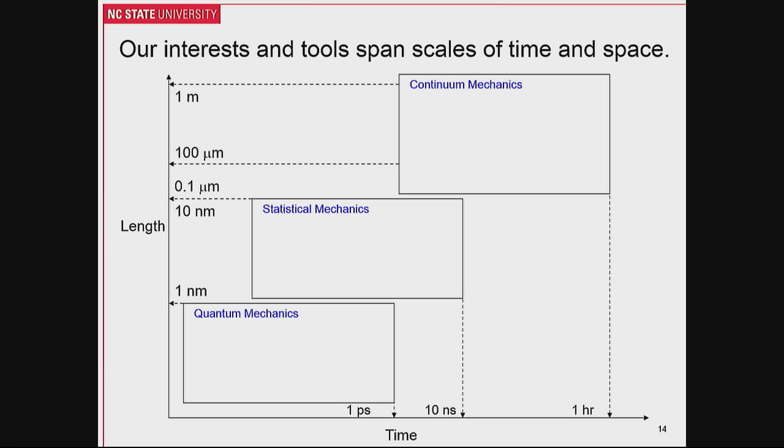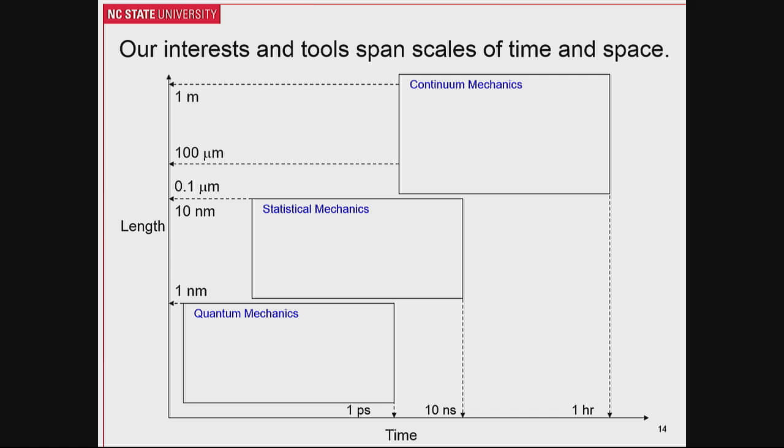As it turns out, many of these methods fit well into certain domains. Quantum mechanics, both in terms of computational time and suitability for the problem, really is for very small scale. StatMech relies on having an assembly of molecules, atoms, particles that can behave statistically. And continuum mechanics, again, requires that we have a continuum.